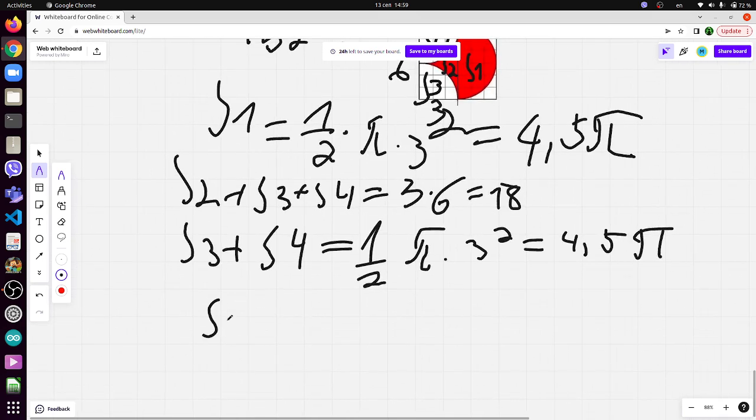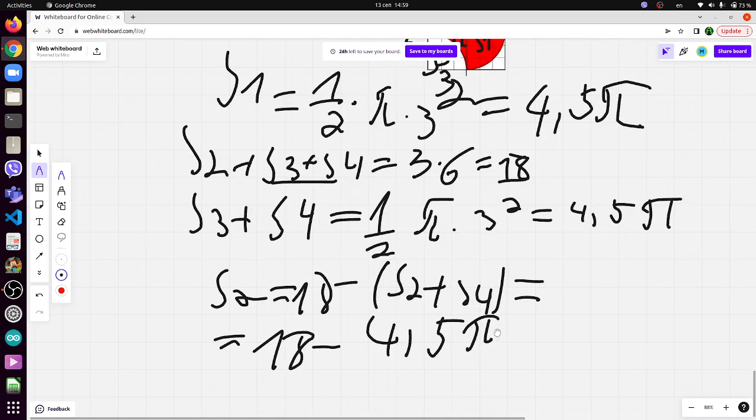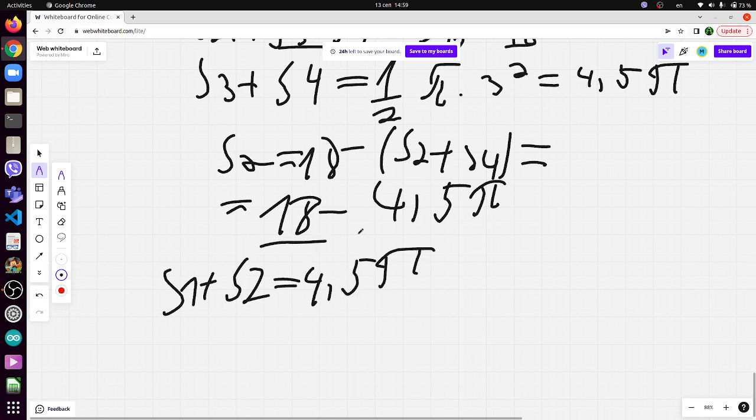So S2 is 18 minus S3 plus S4, which is 18 minus 4.5 pi. So S1 plus S2 is 4.5 pi plus 18 minus 4.5 pi.